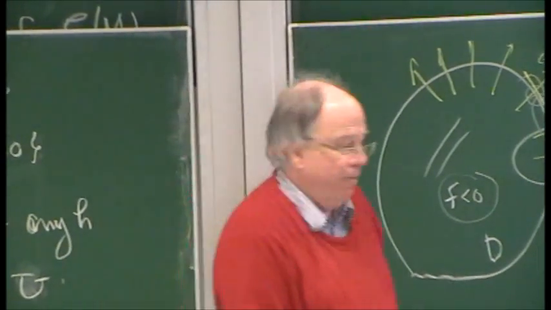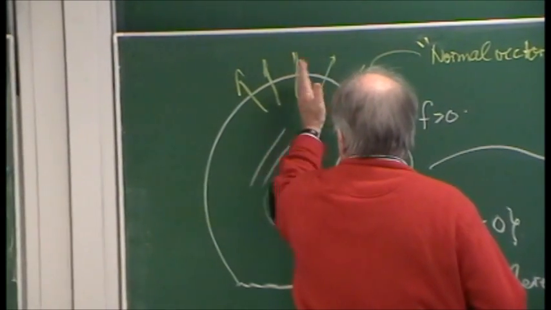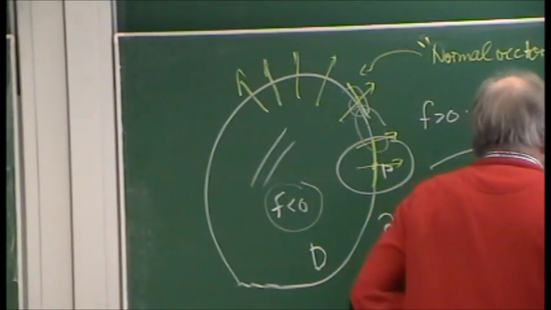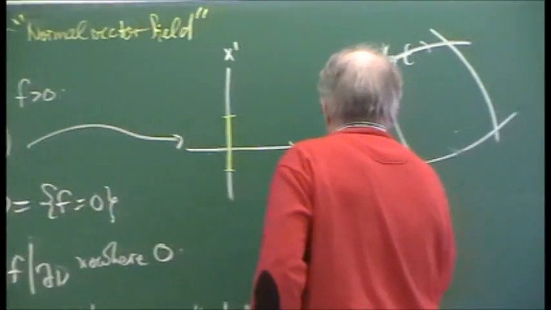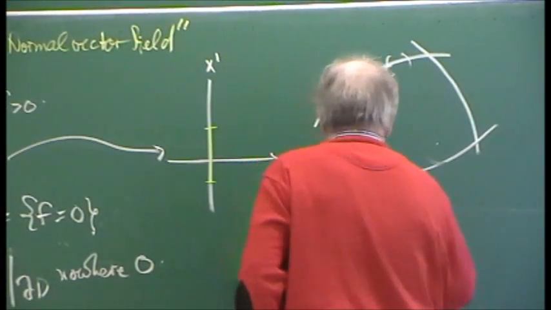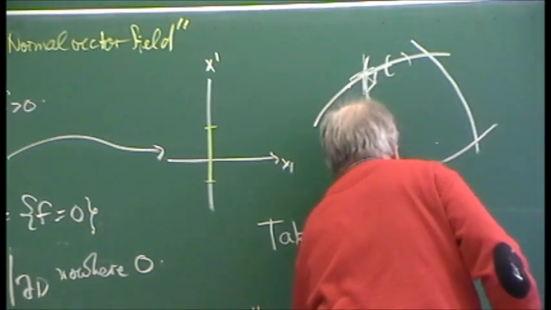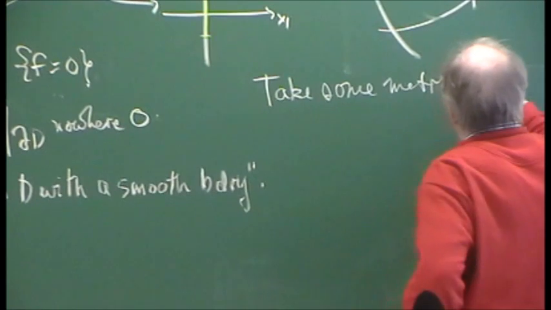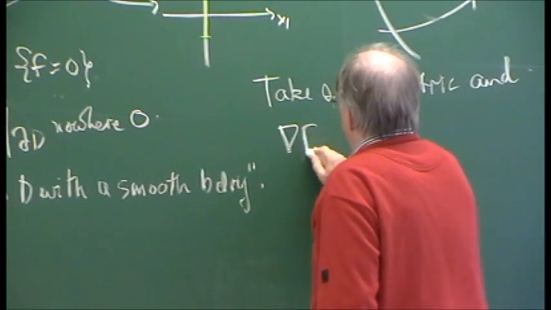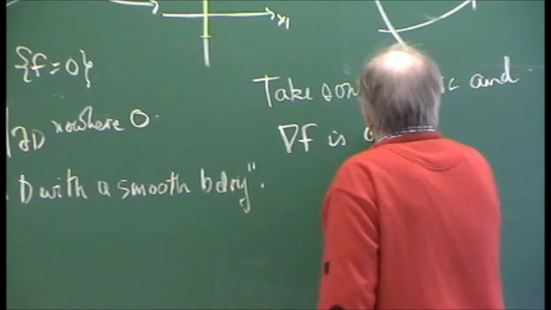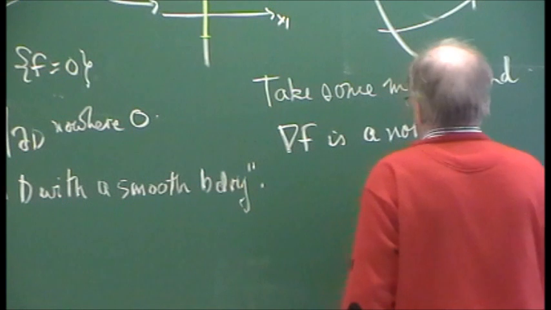You just take one, and maybe the angles look different optically for one metric or another, but you take some metric, and then the gradient of f is a normal vector field in the above sense.